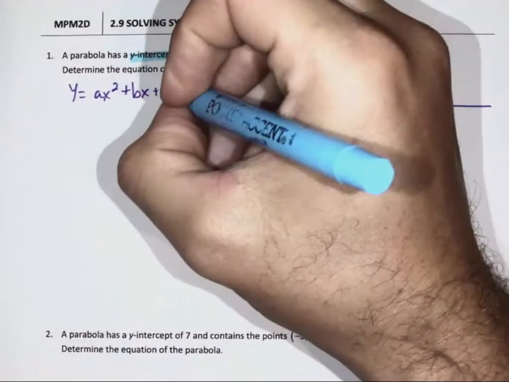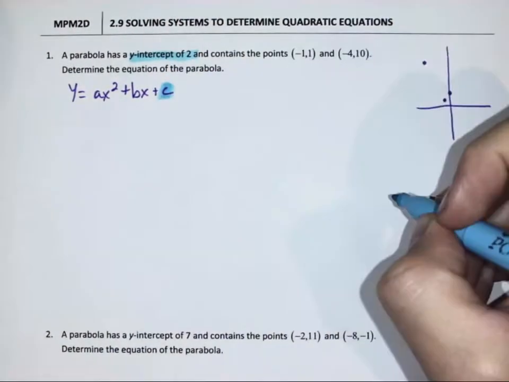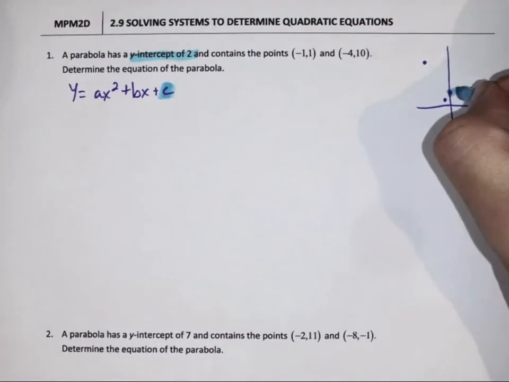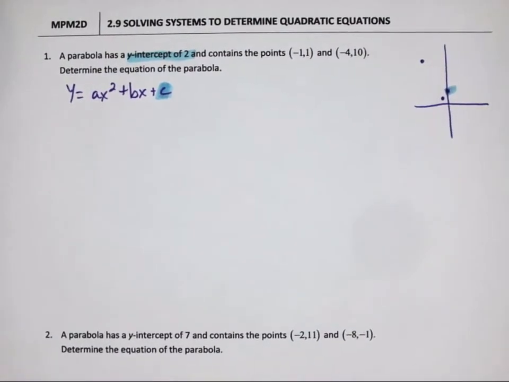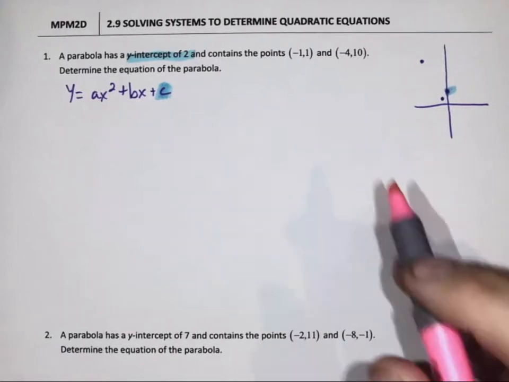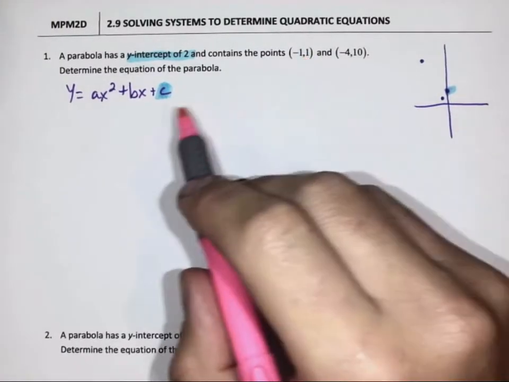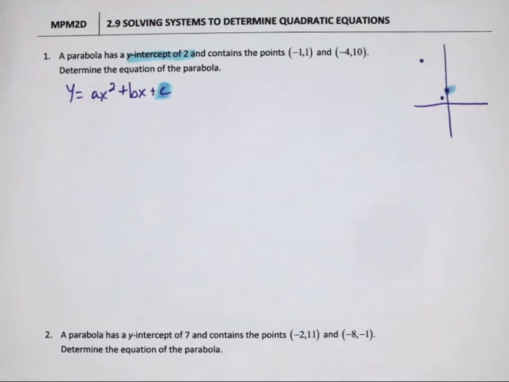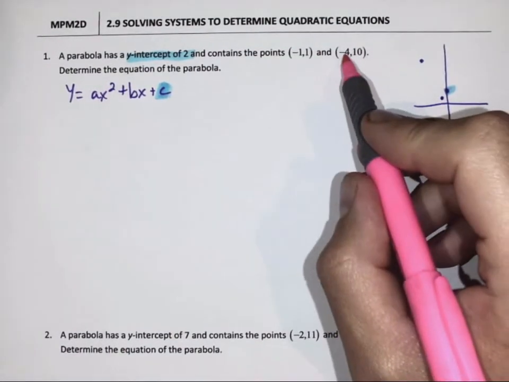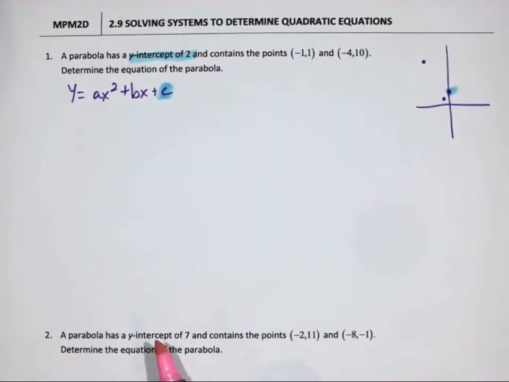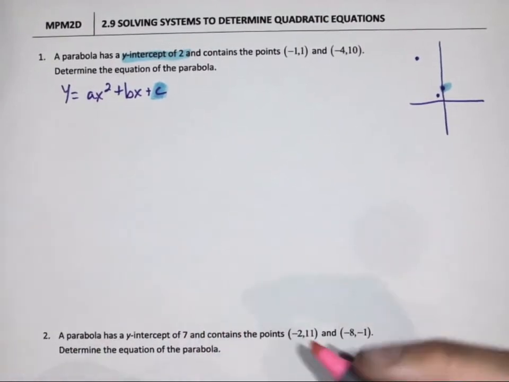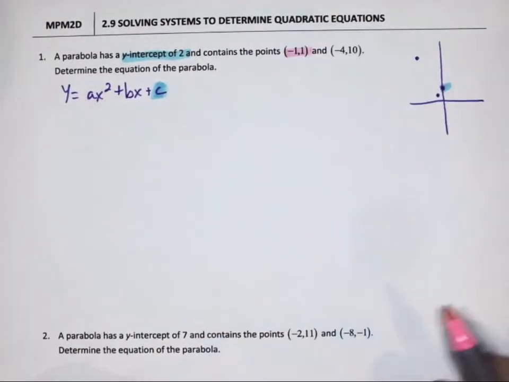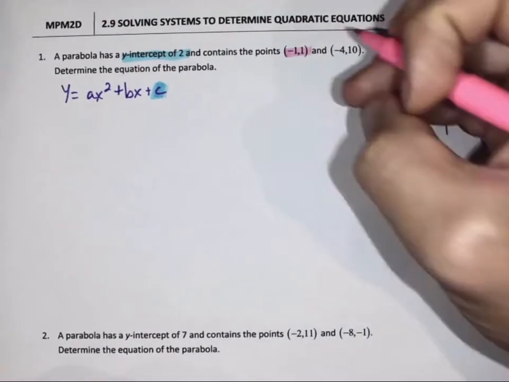So the y-intercept of 2 is our c value. From this information, we are going to create two equations. We have an x and a y, and we can fill those in. We can make a second equation with x and y, fill them in, and then we're going to have two unknowns, a and b. Remember that.